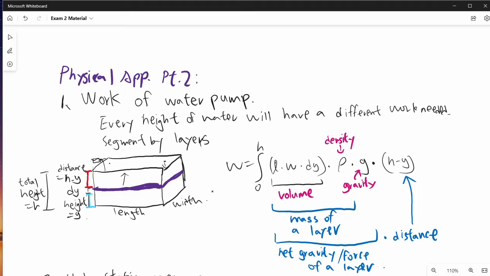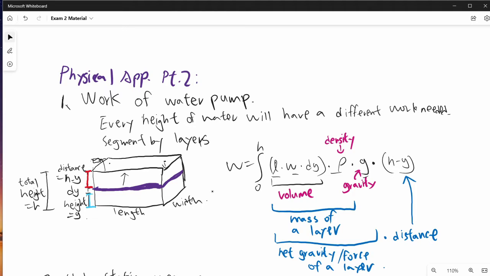So I have here total height is h, length will be L over here, and width will be W. Y will be the axis that the height is in. Rho is density, G is the gravitational constant, and y is where I'm saying the height of a certain level is.